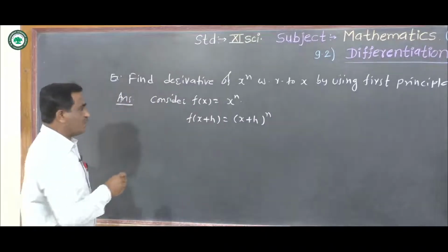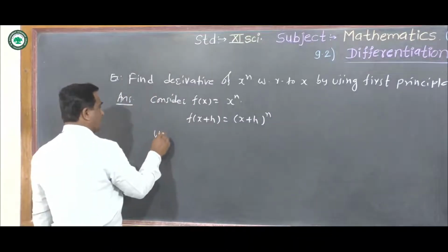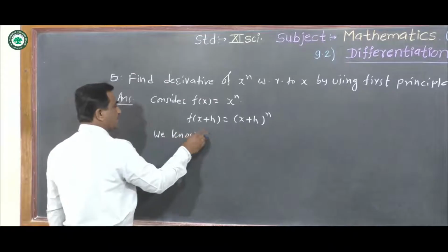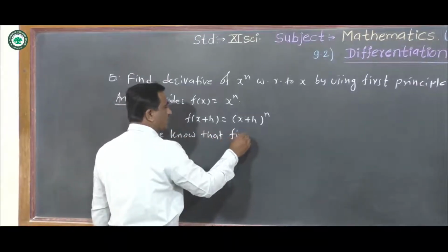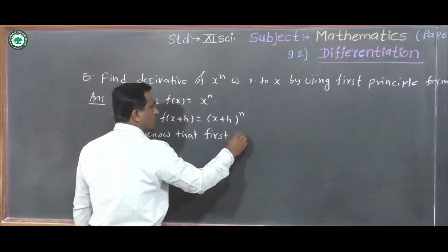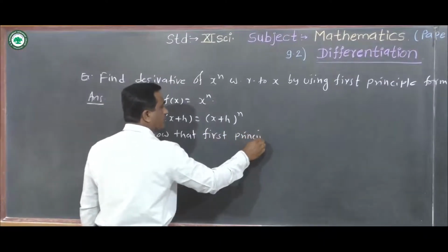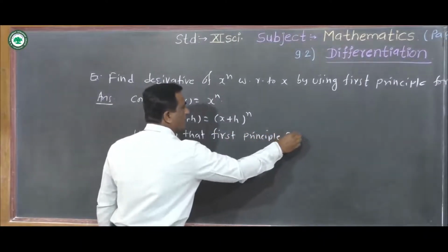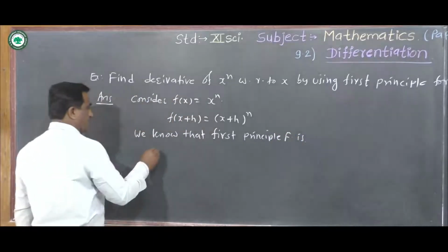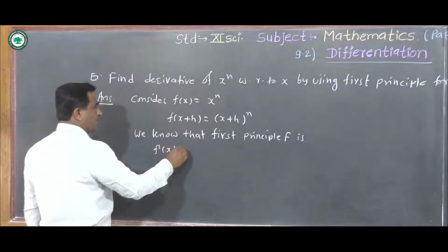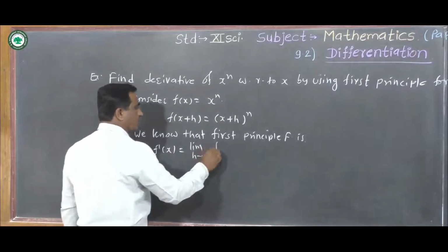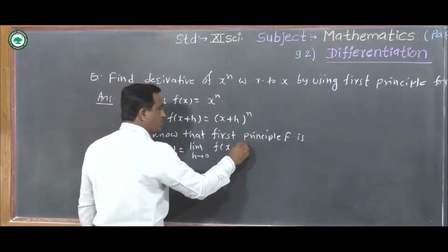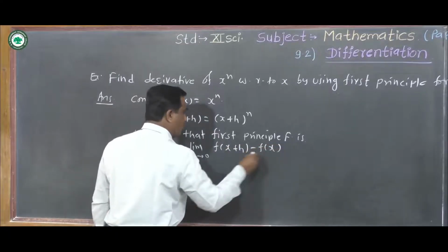Now we know that the first principle formula is f dash of x is equal to limit h tends to 0, f of x plus h minus f of x upon h.